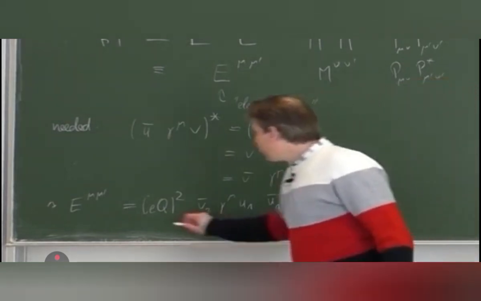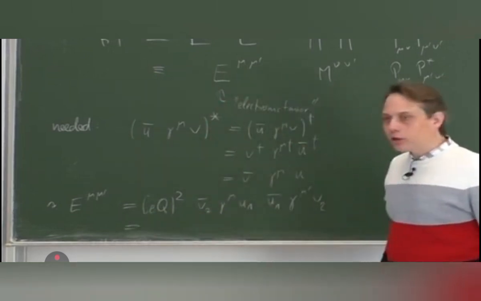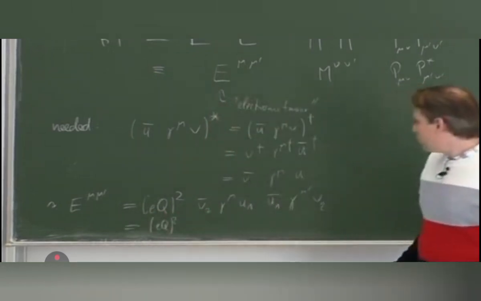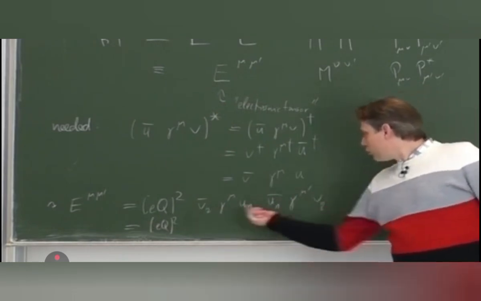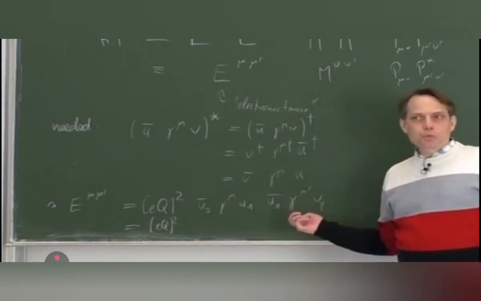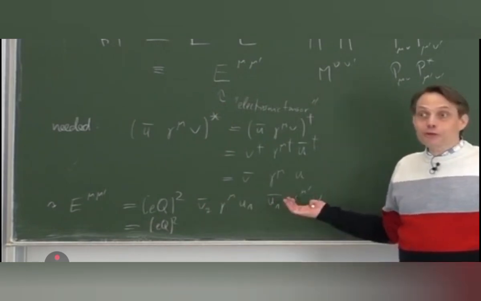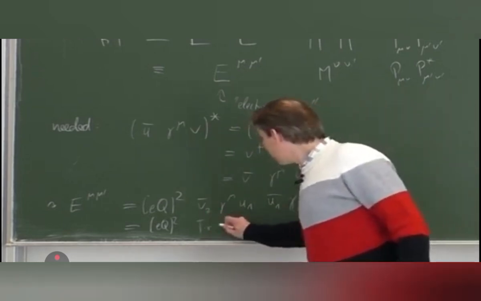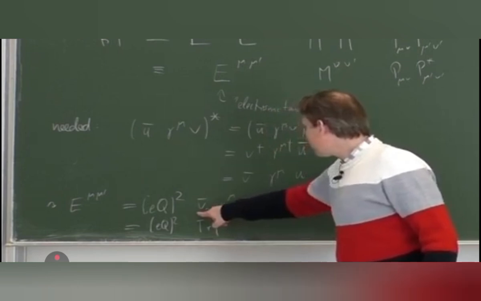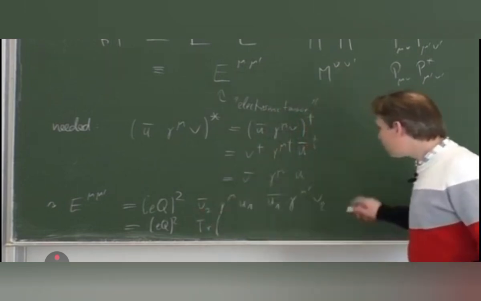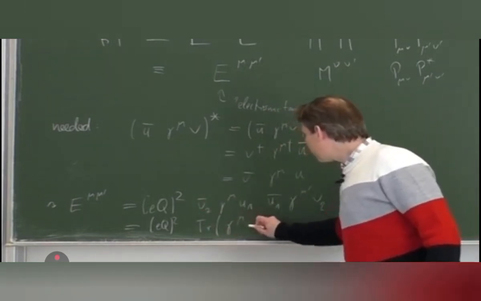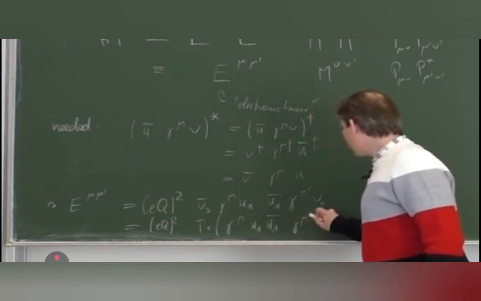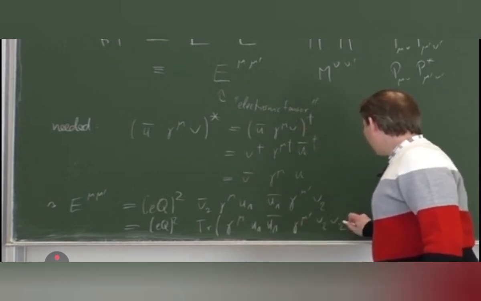And here we can now apply Casimir's trick, where we say that if we have such a number, we can write the number as the trace of itself, but the trace is cyclic. If we use cyclicity of the trace, then we can put the v̄2 at the end, and we can write it as the trace of γ^μ u1 ū1 γ^μ' v2 v̄2.